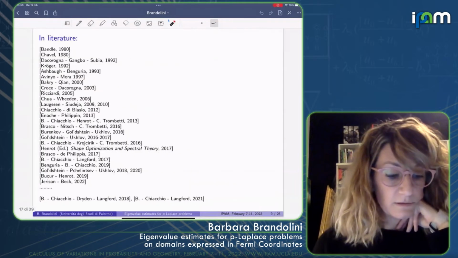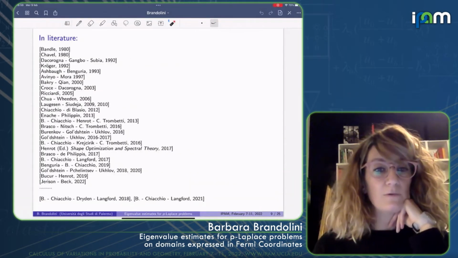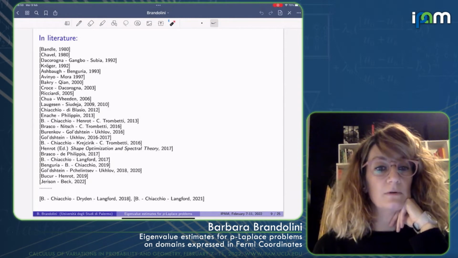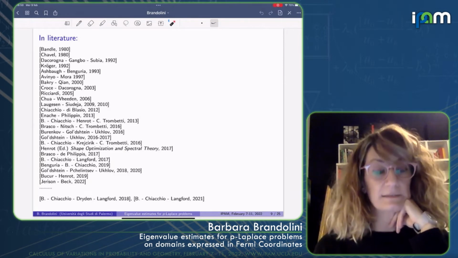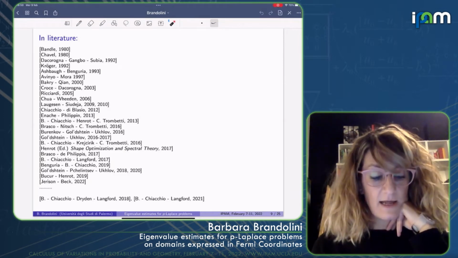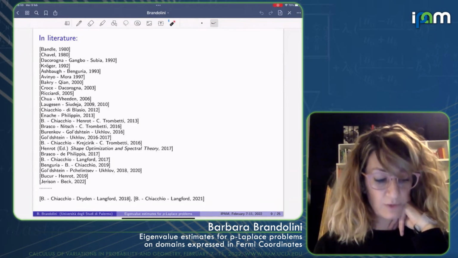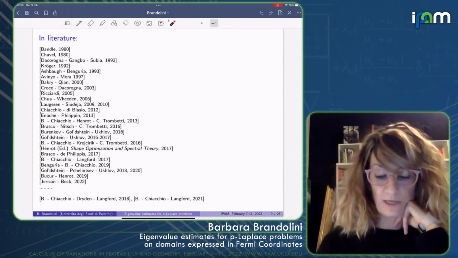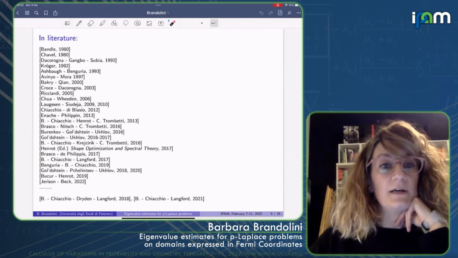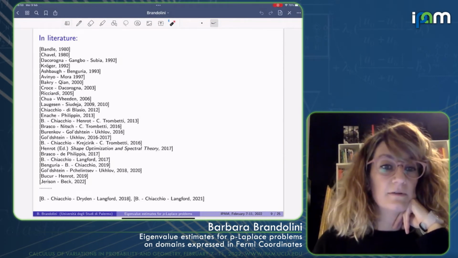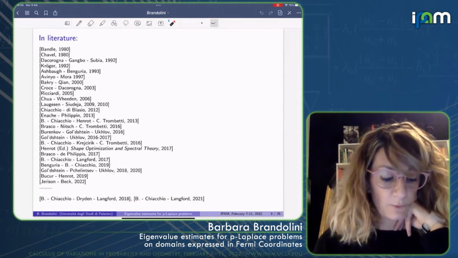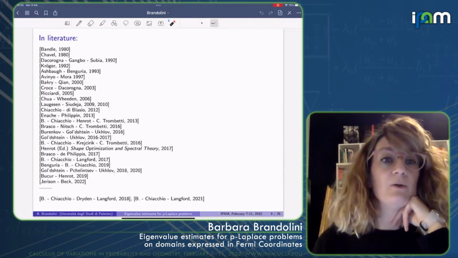In the second part of my talk, I would like to focus on the non-convex setting, and just understand how the results I'm going to talk about are inserted in the literature. I just wrote here a list of papers connected with estimates of Neumann eigenvalues.